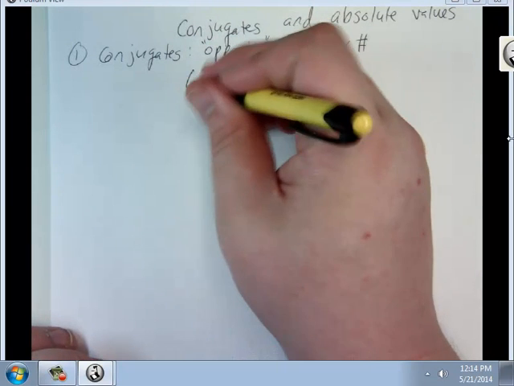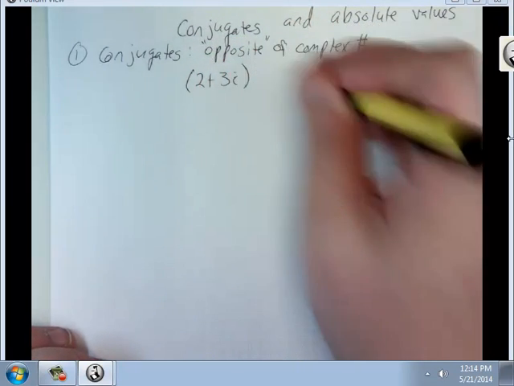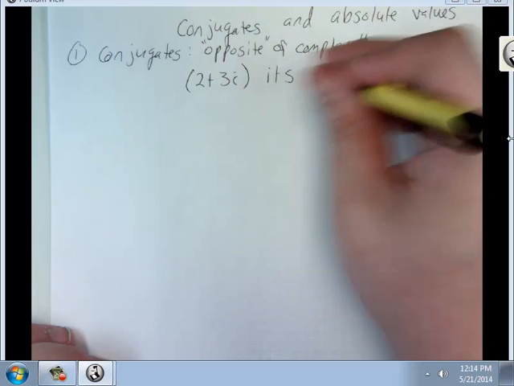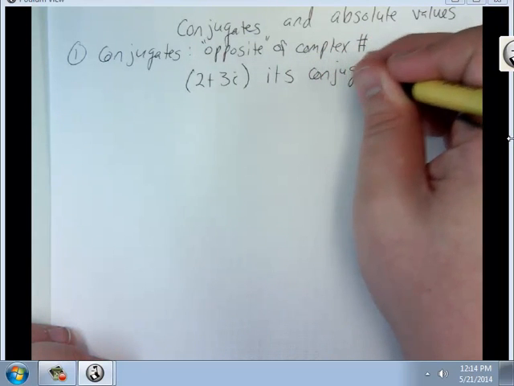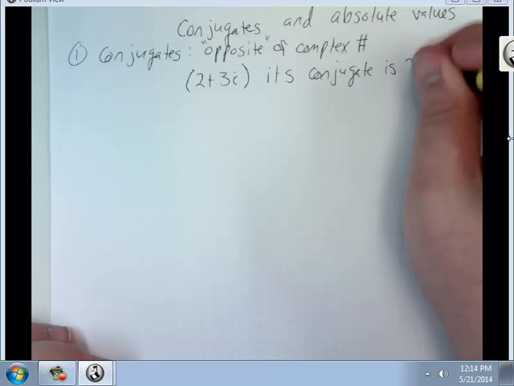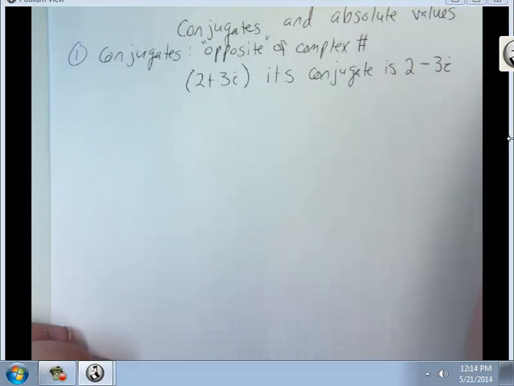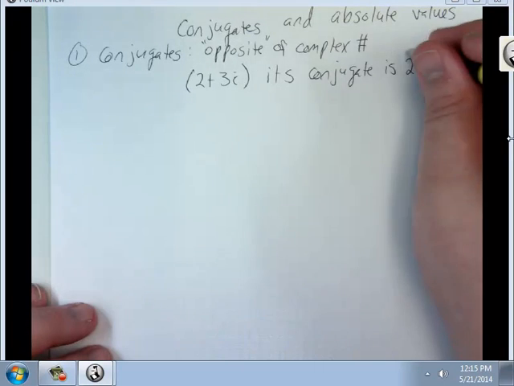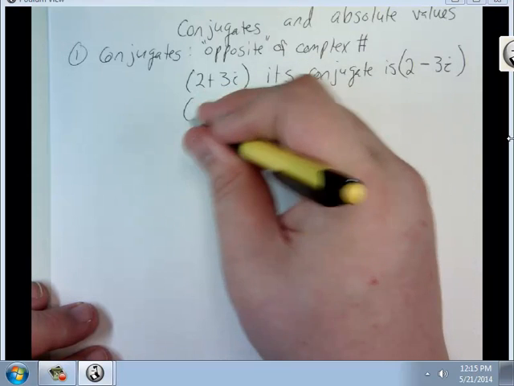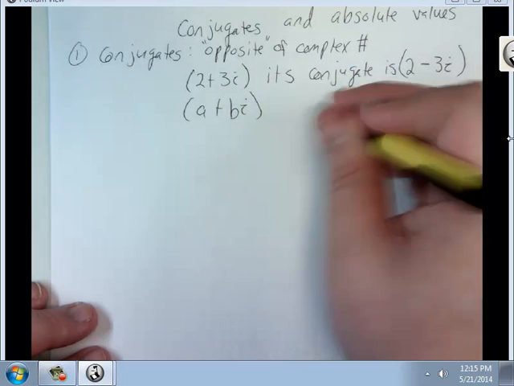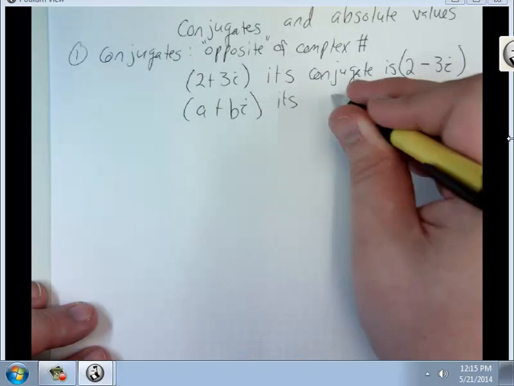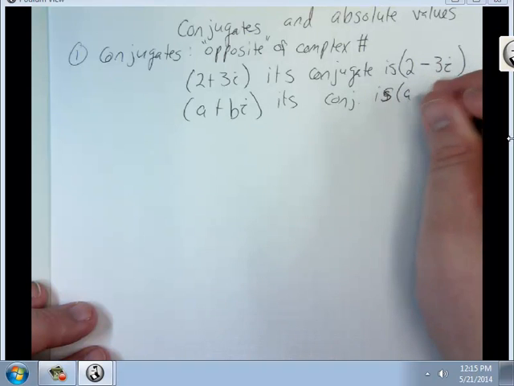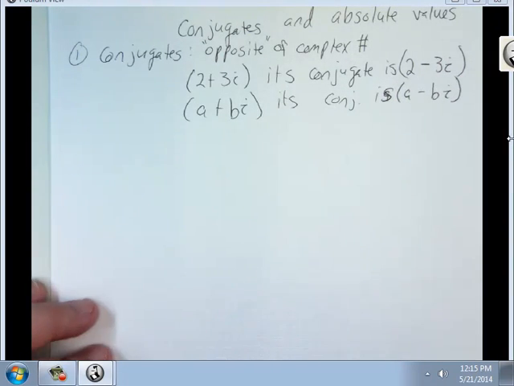Let's say we had 2 plus 3i and its conjugate is 2 minus 3i. And a plus bi, its conjugate is a minus bi. All there is to it.